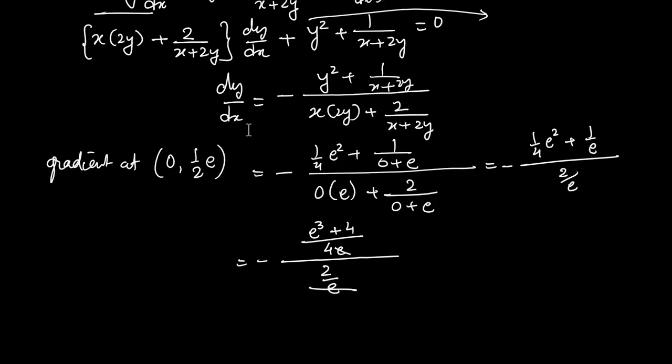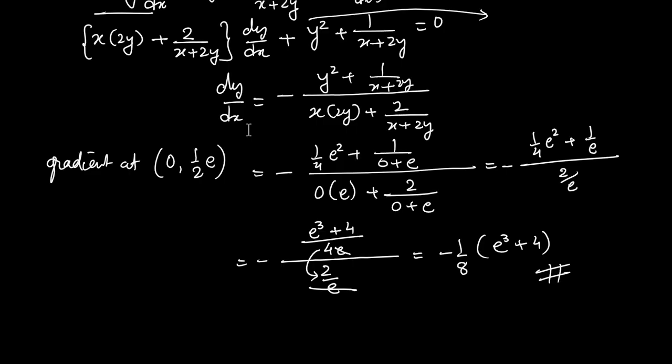So now these two e's get cancelled out, and we are left with negative 1 over 8 times e cubed plus 4. This 4 will come in the denominator, so it becomes 1 over 8. So that's the gradient. We can also write the numerical equivalent, but it's not mentioned, so we can leave it here as well. I hope it is clear.